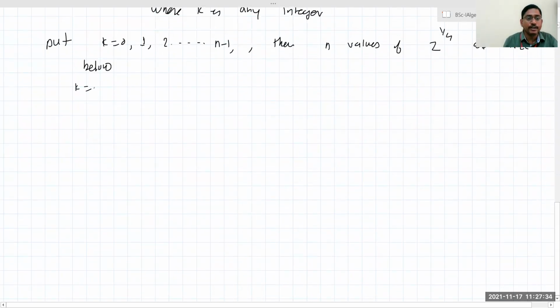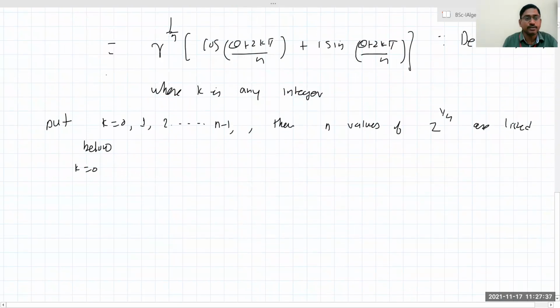So when I take k equal to 0, this is your z raised to 1 upon n. When k equals 0, the first value is r raised to 1 upon n, cos of theta upon n plus i sine theta upon n.